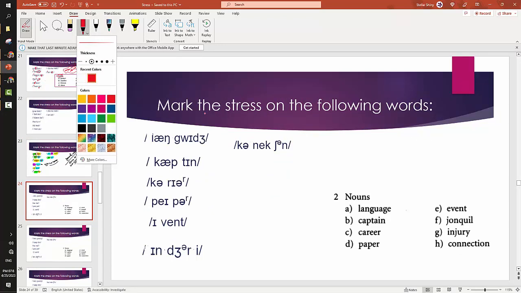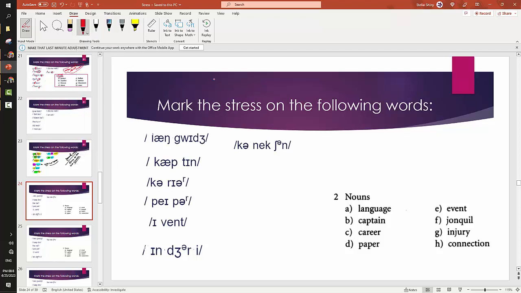So let's practice on nouns. As a general rule, we said nouns equal the stress on the first syllable. Okay? We have language, captain, career, paper, event, injury, connection.